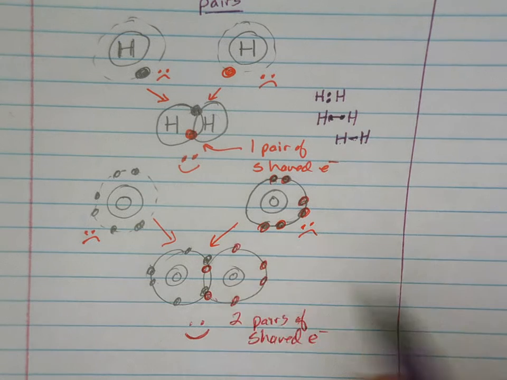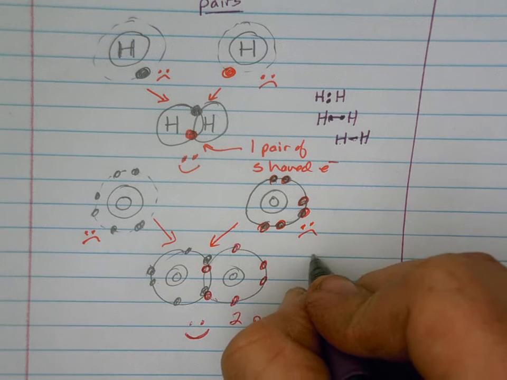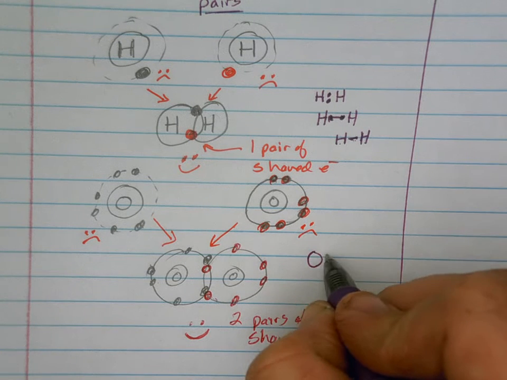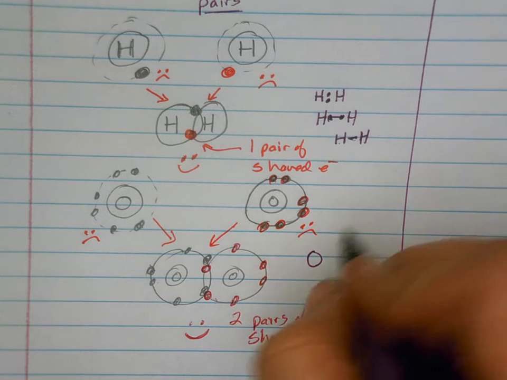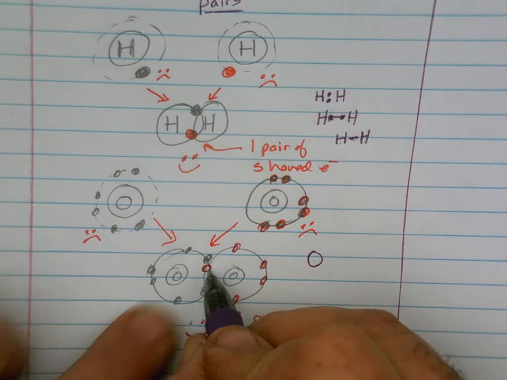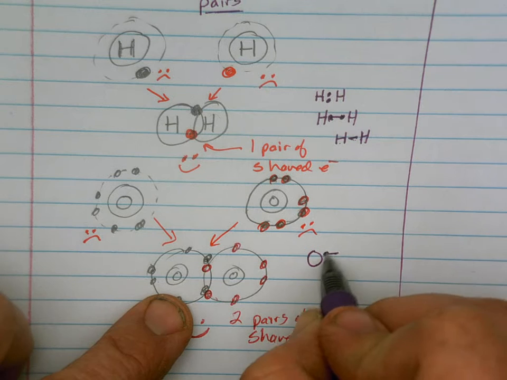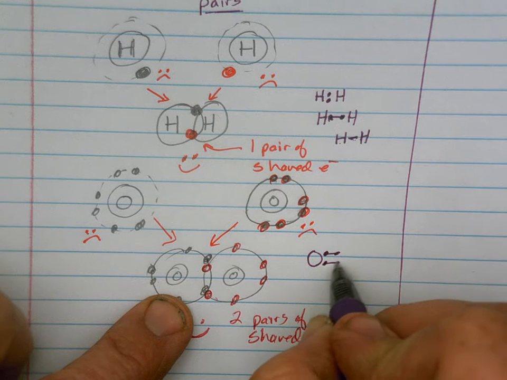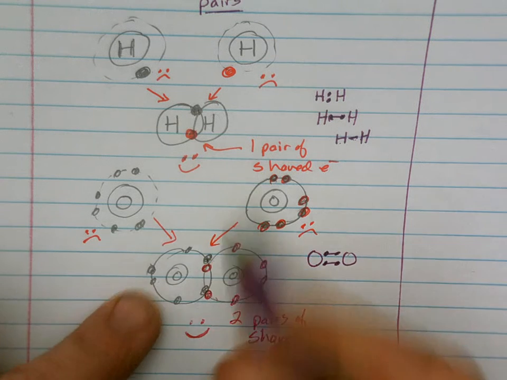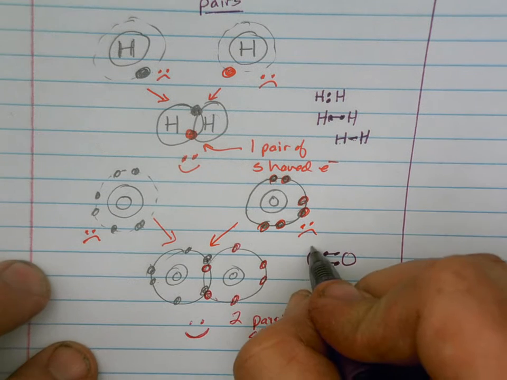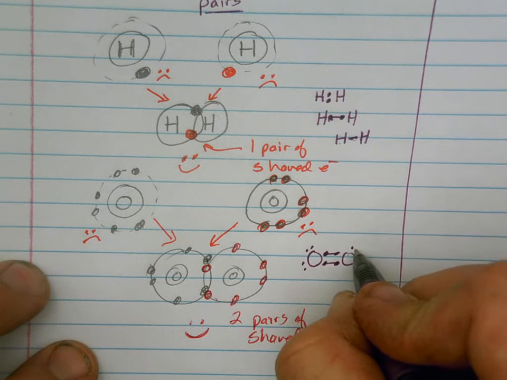Over here for oxygen, we could put 8 electrons all around here. Oh, that would be a mess. So what chemists do is say, wait a minute, we've got 2 pairs of electrons. Let's just do this. After these pairs, we have 4 others, so they might do 1, 2, 3, 4, 1, 2, 3, 4.